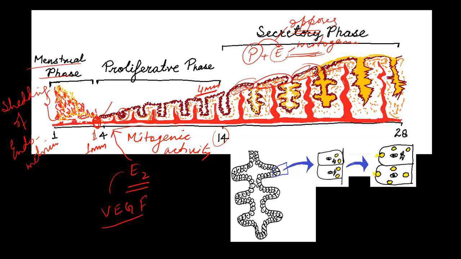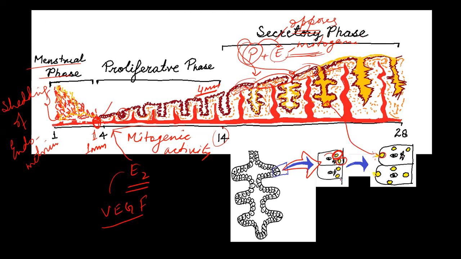The second function is, as you can see here, secretion in the glands. So here you can see how the secretion occurs in the glands. It is in the form of secretory granules, as the Golgi apparatus and all release the secretion in the form of certain secretory granules, and these secretory granules will come to the surface, and through exocytosis the secretions come into the lumen of the gland.